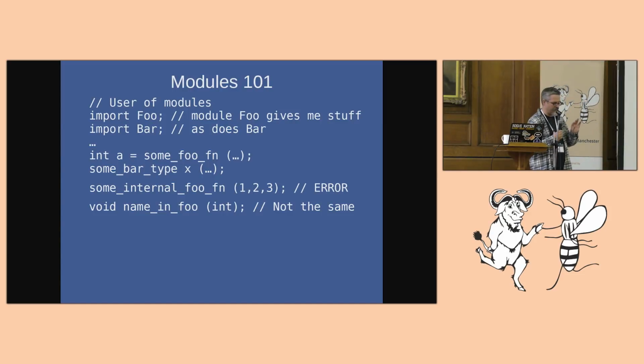Right, so the question is, as a user of a module, do I have control over the names from the module I've chosen to use? Do I have control over which subset of those names I may see? And the answer is no. The author of the module controls which names become visible, and that's the only point they do.